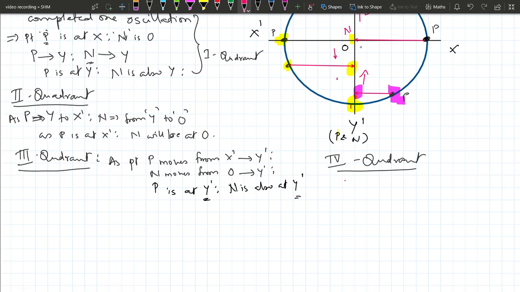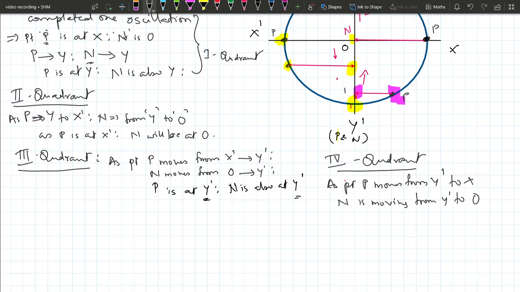Got it? So therefore, I can write here: point P moves from Y dash to X. This is the point P. It was here. It is moving towards X. The projection N is moving from Y dash to origin.